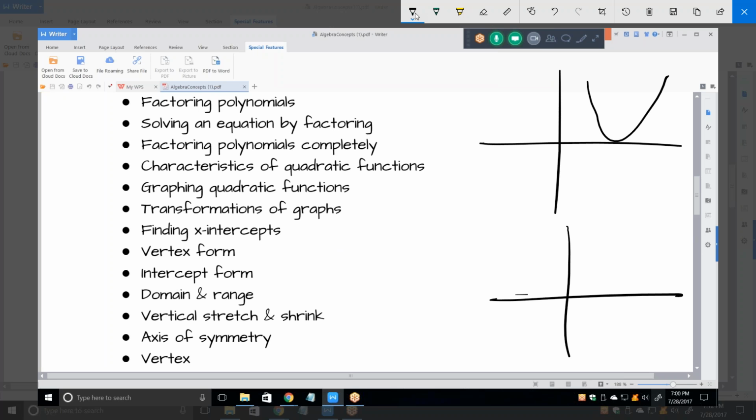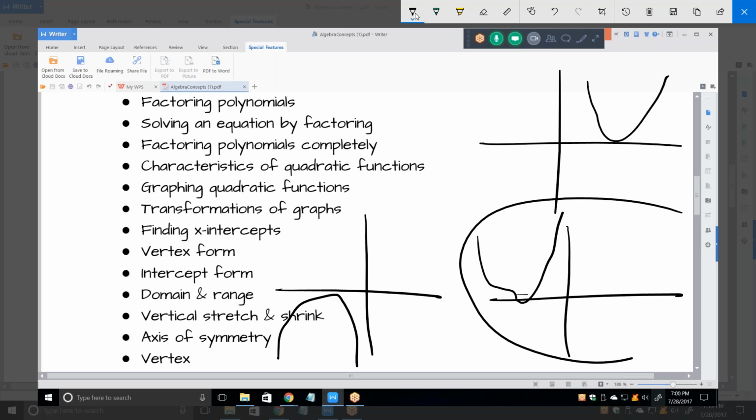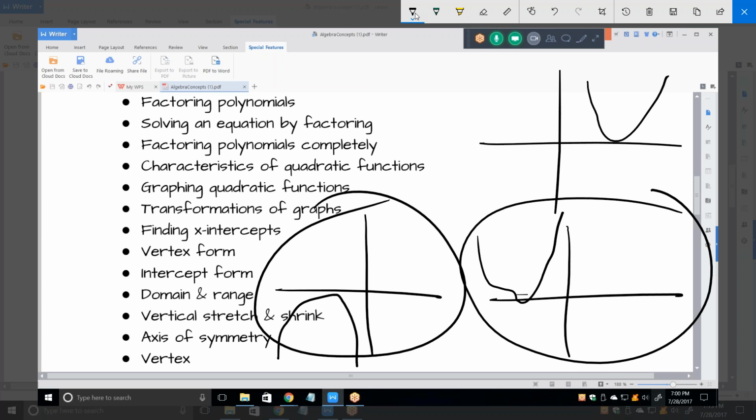Now, tell me which is a reflection over the y-axis. Which of those two? In other words, is it this one or is it this one? Over the y-axis. I think it's the one to the right.